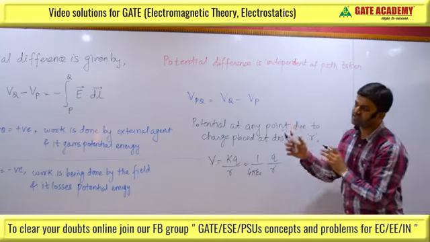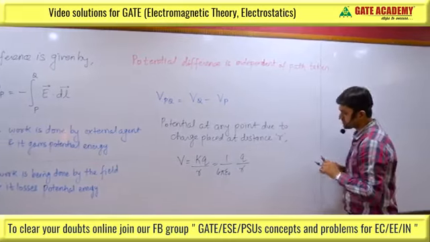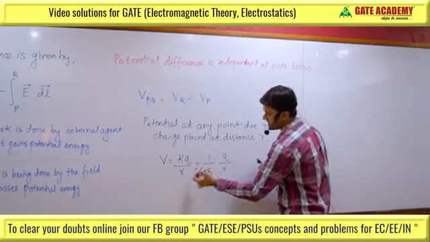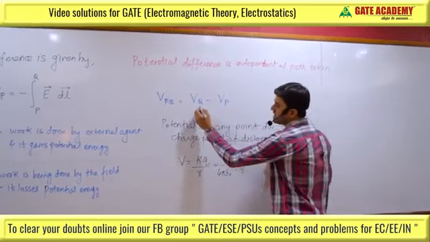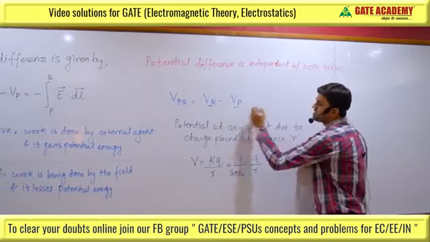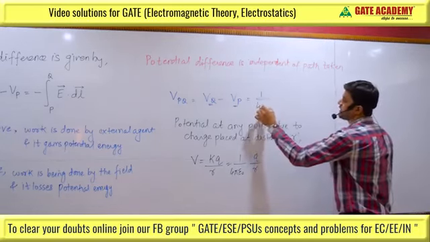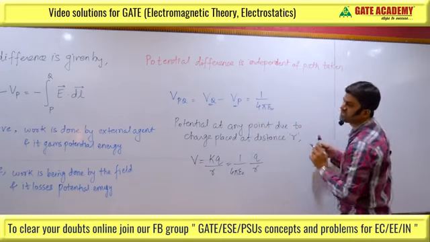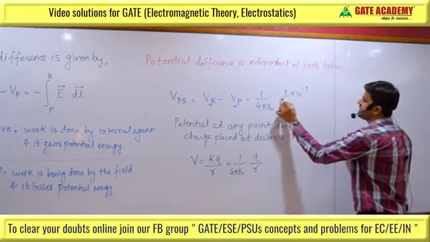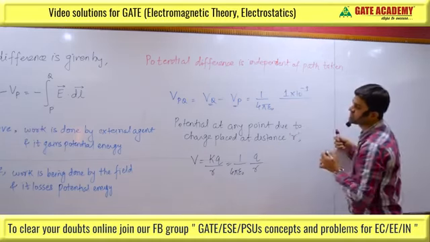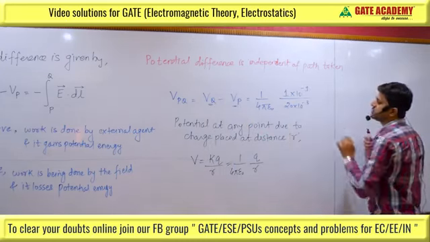Because this is placed in air, this is 1 upon 4 pi epsilon naught. Now applying this formula, because this is the potential at any point, we have to find the potential at point Q and the potential at point P. So this is 1 upon 4 pi epsilon naught, the charge is 1 nanocoulomb, so 1 into 10 raised to power minus 9, divided by the distance. The distance for Q is 20 millimeter, so this is 20 into 10 raised to power minus 3.